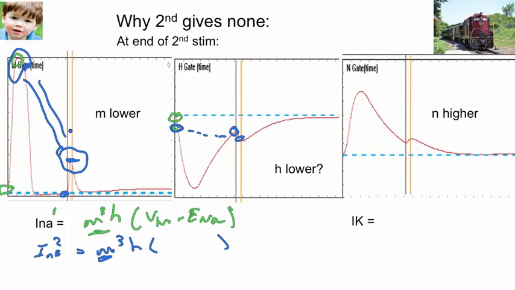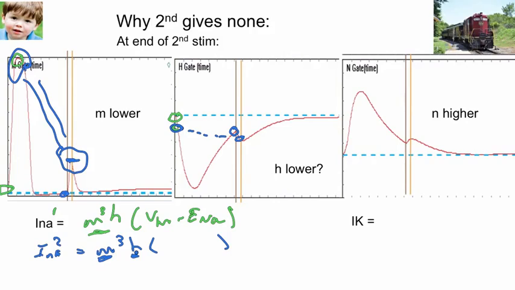Look, it's much lower. H is a little lower. So M cubed has a big effect, H a small effect, and the result is the sodium current is much less than it was before, because both M cubed and H are smaller. That is to say, the probabilities are smaller.